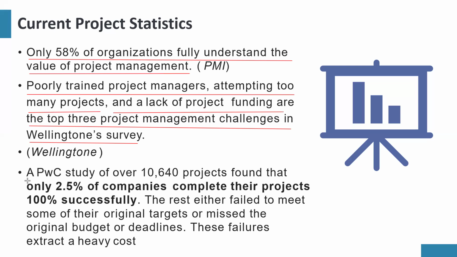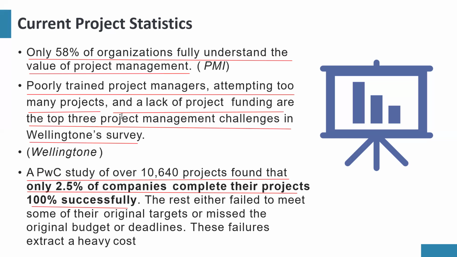Let's look at this one. The PricewaterhouseCoopers study of over 10,640 projects found that only 2.5% of companies completed their projects 100% successfully. So what does this mean? Now, let's say we're looking at 10,000 companies.